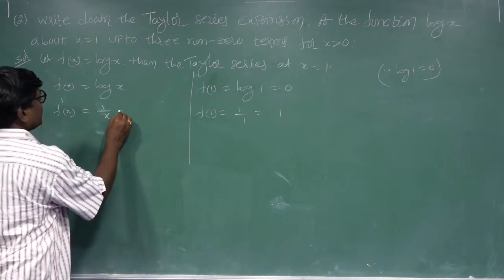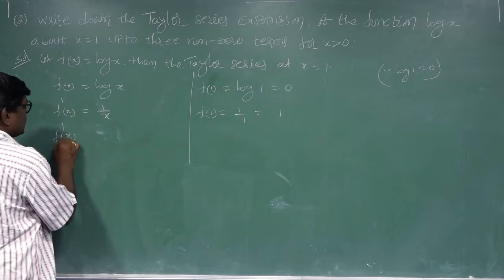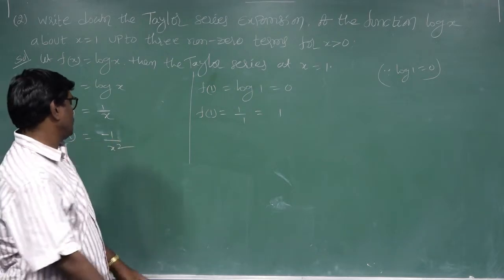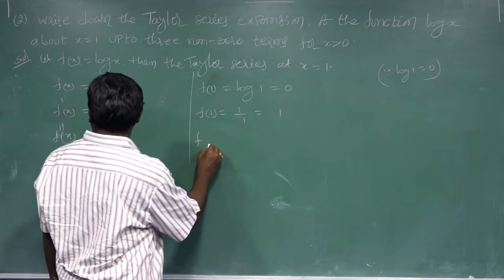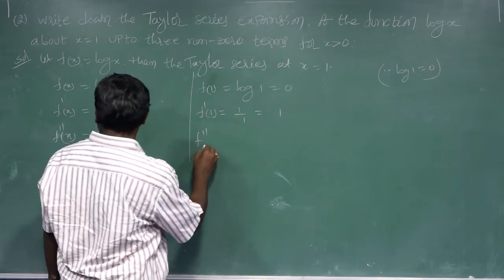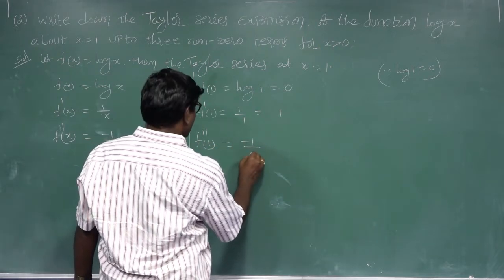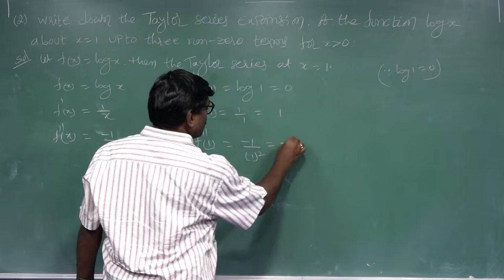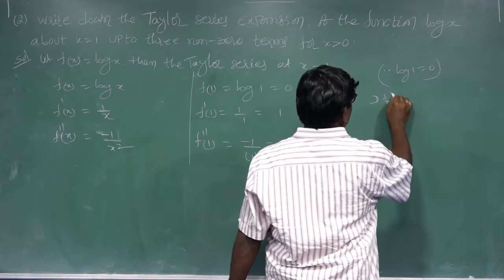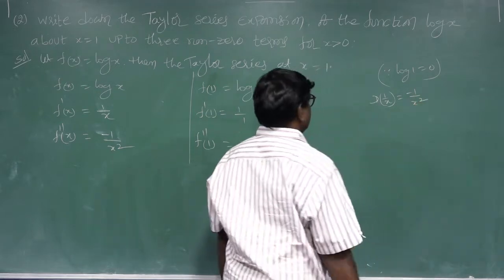This is converted to f double dash x equal to minus 1 by x square. f double dash 1 equal to minus 1 by 1 whole square equal to minus 1. This is the derivative of 1 by x, equal to minus 1 by x square.